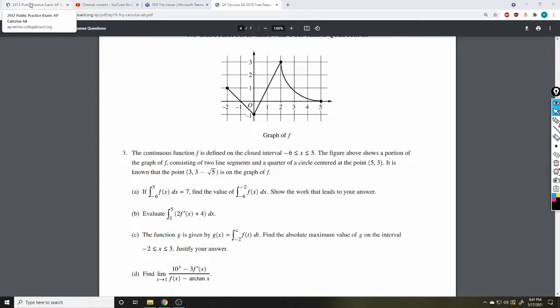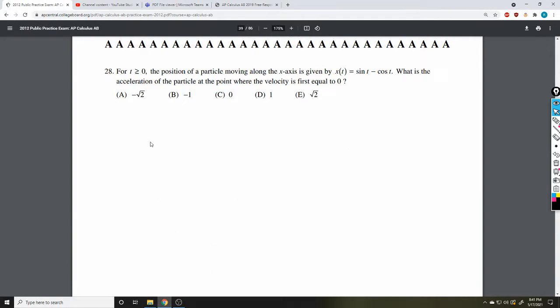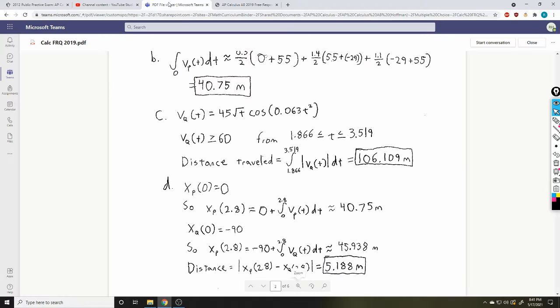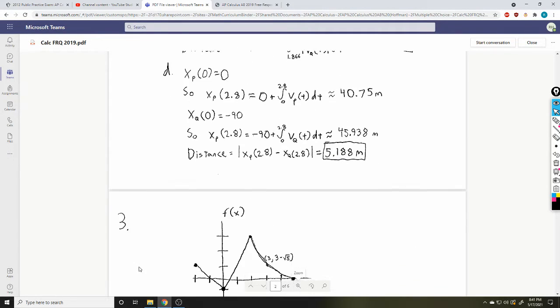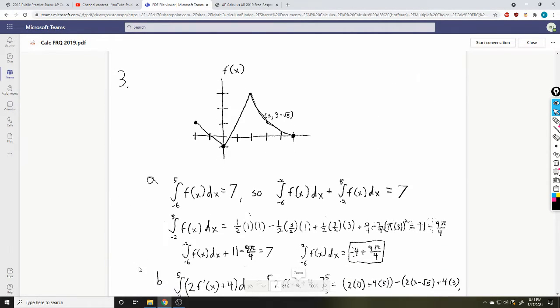So that's a lot of the nitty-gritty details. Now let's look at how this works itself out. So part A, here's me splitting up the integral and figuring out that splitting up those integrals, I should get 7. Here's the integral from -5 to 2.